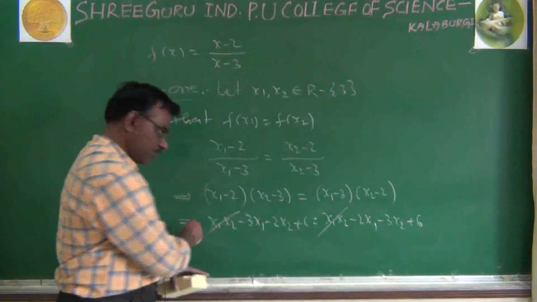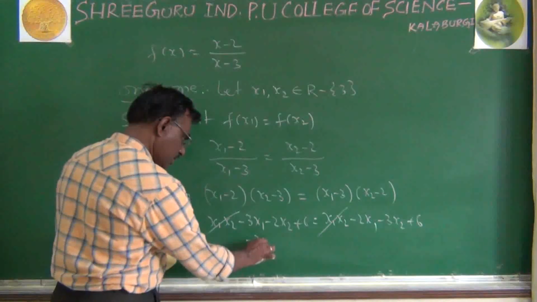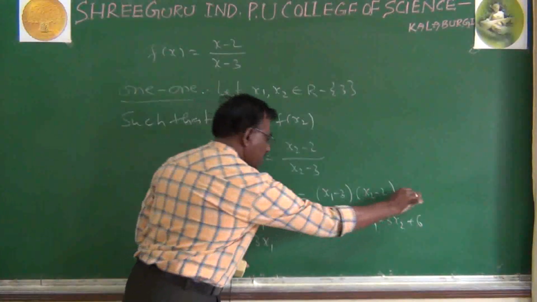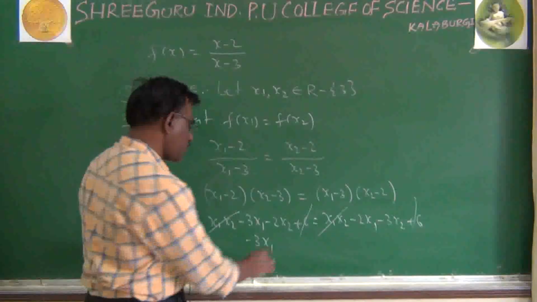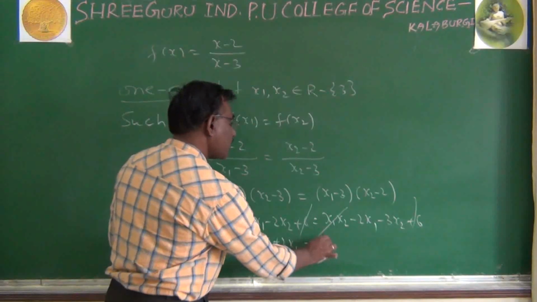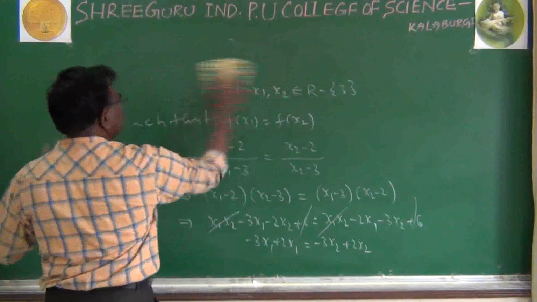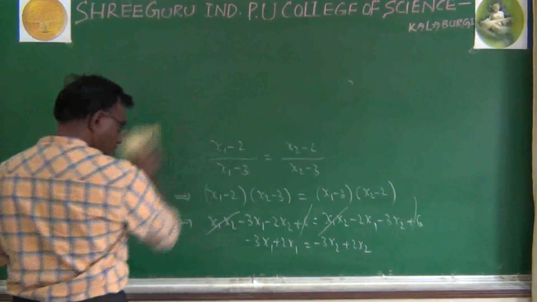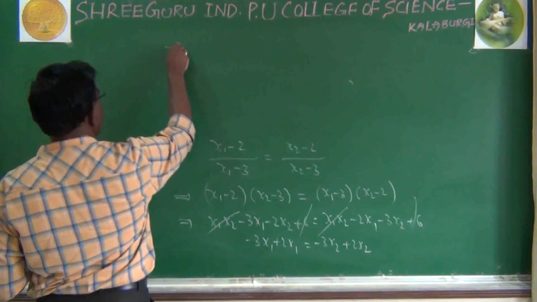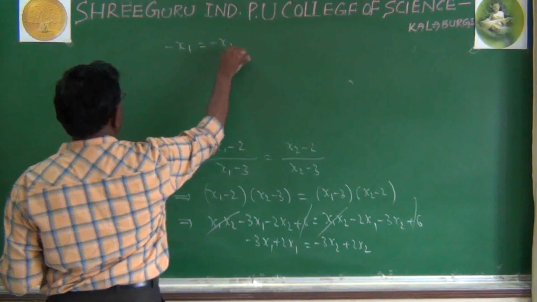x1 x2 cancels, and 6 also cancels. Minus 3x1 plus 2x1 equals minus 3x2 plus 2x2. So minus 3x1 plus 2x1 is minus x1, and minus 3x2 plus 2x2 is minus x2.